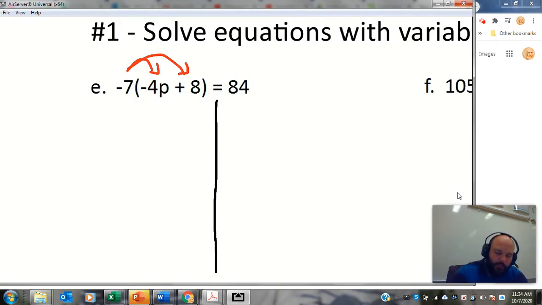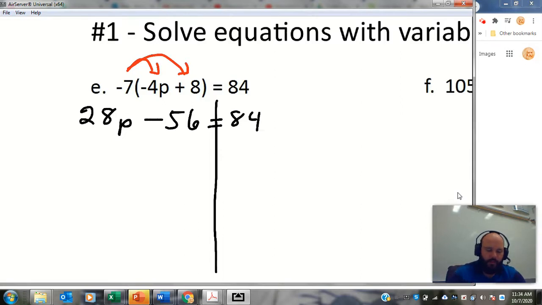-7 times -4p becomes 28p. And then -7 times +8 is -56. So you can see I distributed that -7 to both terms inside the parentheses first. The next thing that you always want to look to see is, are there multiple variables that need to be combined?